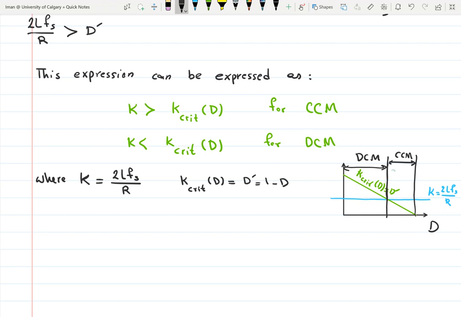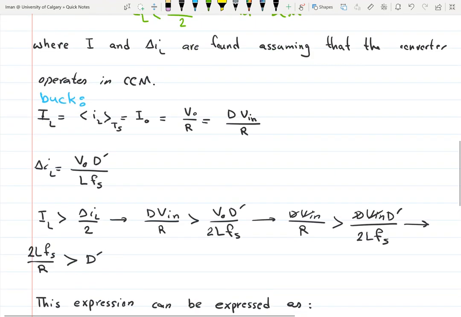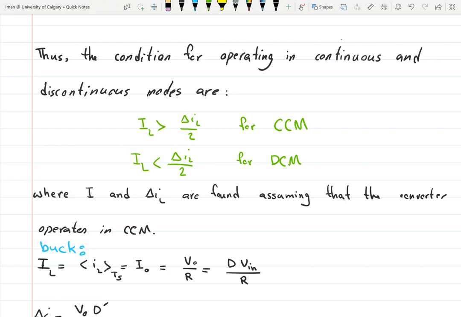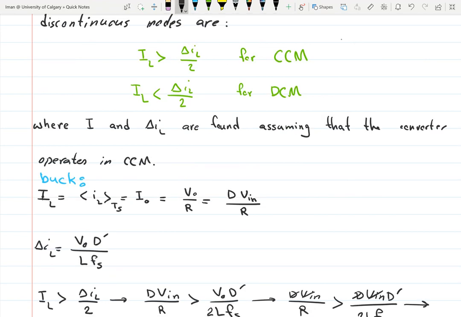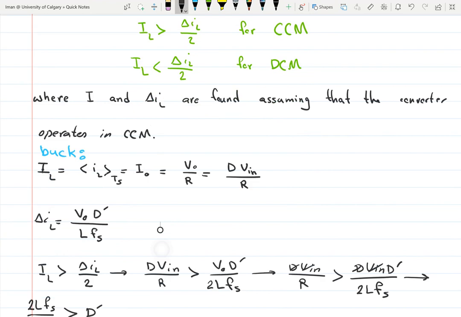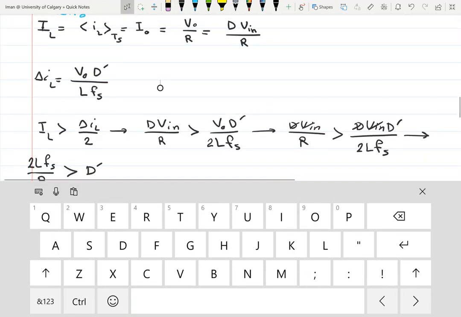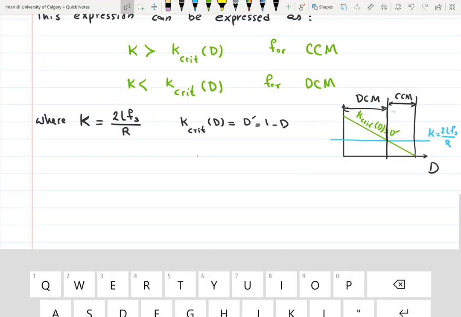So this is how you basically determine whether you're operating in DCM or CCM operation. One of the ways you can determine, but it all stems from this equation here. There's nothing more to it really. So you just plug in whatever values you have for your average inductor current or your peak-to-peak ripple current of your inductor current, and then you'll end up with this equation that you had here as K and K critical.